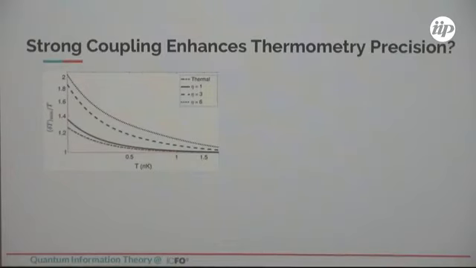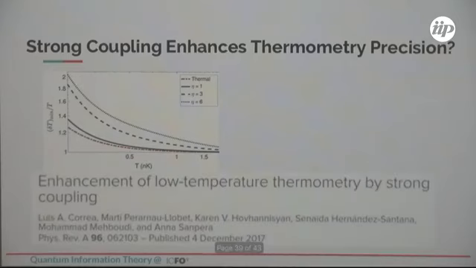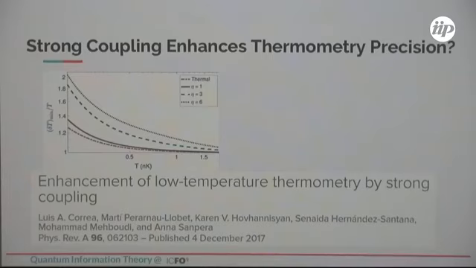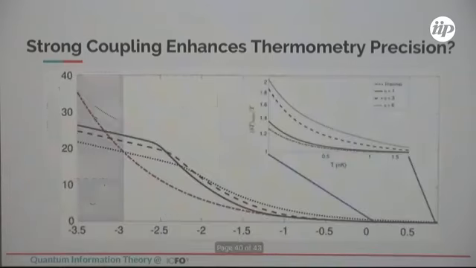Just a quick note. Maybe you have seen previous works that predict strong coupling can enhance thermometry precision. However, I was saying otherwise. So what is the reason? This is a previous work where it's predicted that strong coupling is useful for thermometry. Actually, the reason is that the temperature regime that we are looking at is not qualified as a low temperature regime.